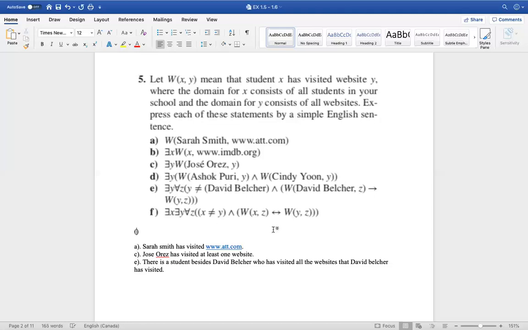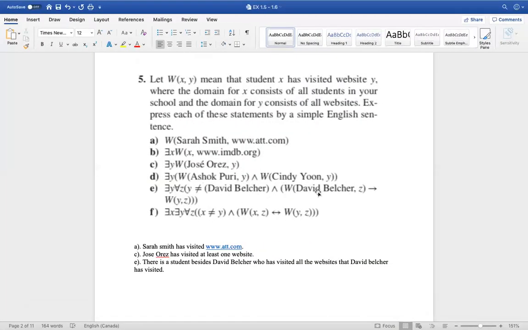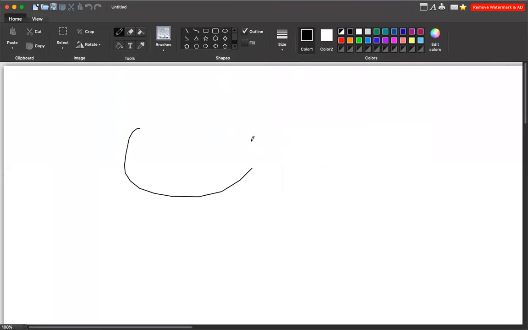So Y consists of, let's say, some set of websites. Let me just pull up here. We have this Y and Z. So Y is a set of websites, right? Have you guys read the concept of sets? Do you guys know what sets are?